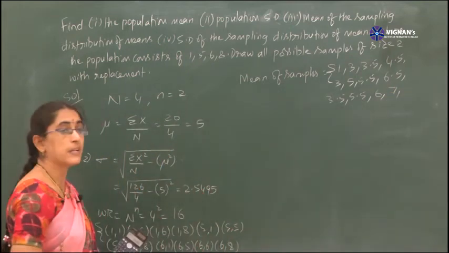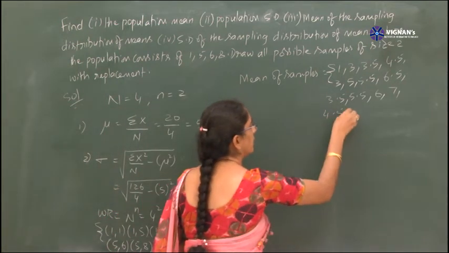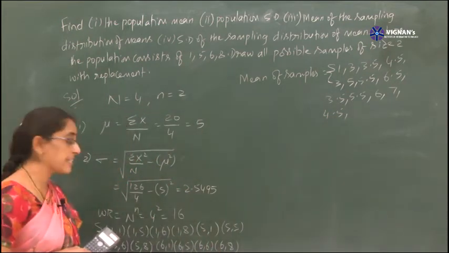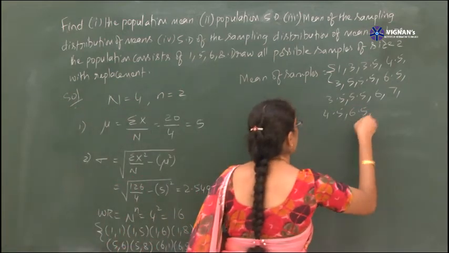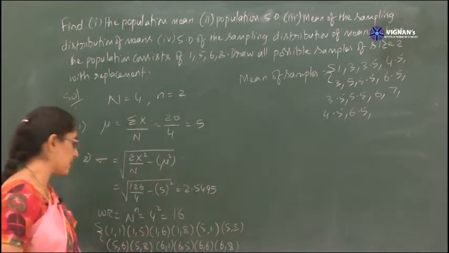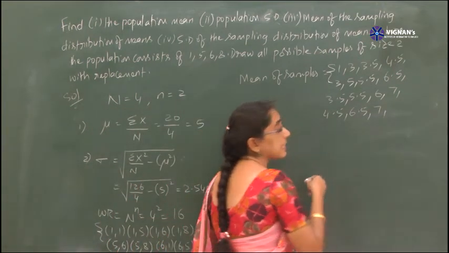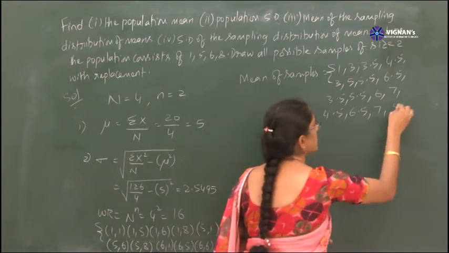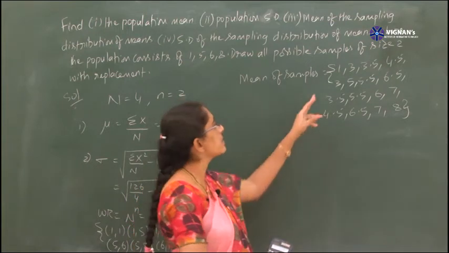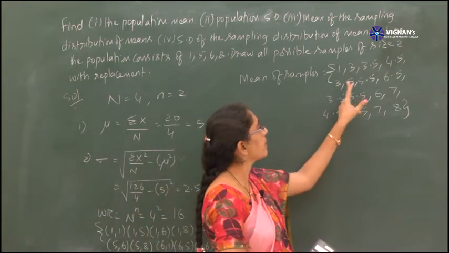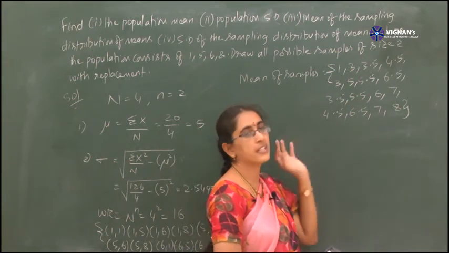Then 8 plus 1, 9, 9 by 2 is 4.5. Then 8 plus 5, 13, 13 by 2 is 6.5. Then 8 plus 6, 14, 14 by 2 is 7. And 8 plus 8, 16, 16 by 2 is 8. So we have 16 means, 1, 2, 3 up to 16.